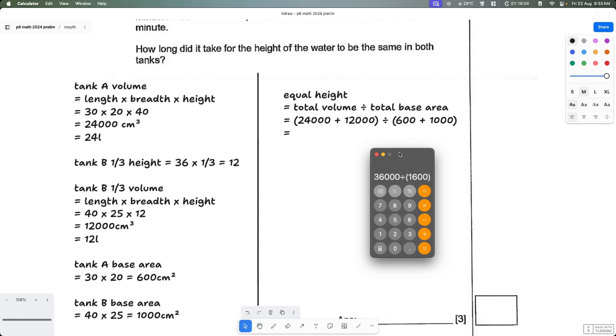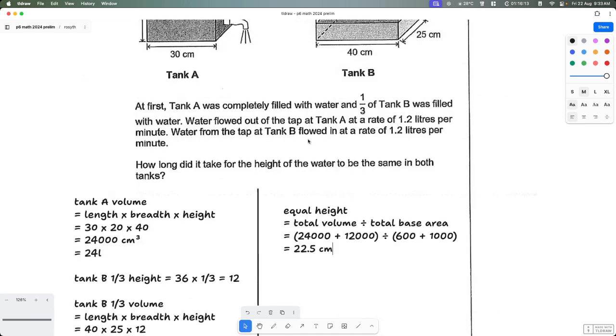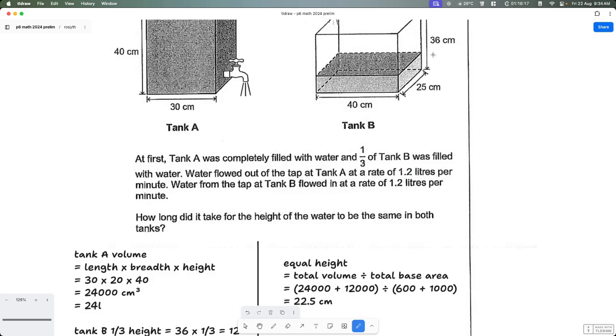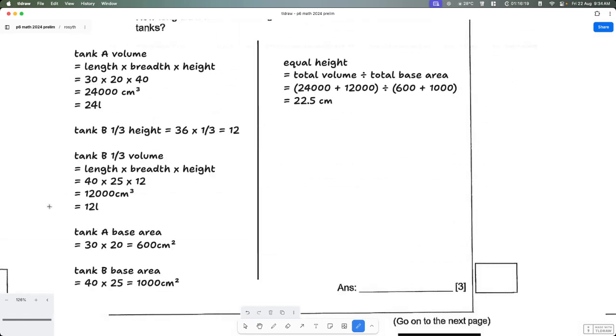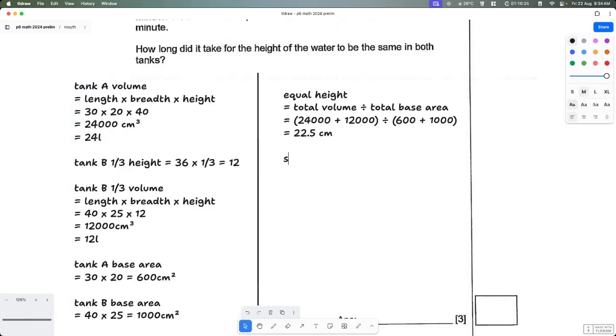Yep, and this will become 22.5 centimeters. So 22.5 centimeters is the equal height that we're looking for. Now, to get equal height for both, since tank B is 12, then we just need the remaining, right?